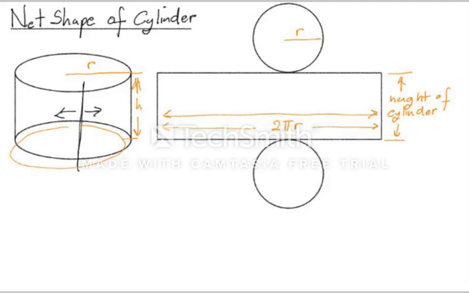So the circumference becomes the length of one side of the rectangle, and the height of the solid becomes the length of the other side. All right, and the shapes at the top and at the bottom are the two ends of the cylinder. So this is what you get when you open out the solid, and when you open the solid and flatten it out, the shape that results is called the net shape.